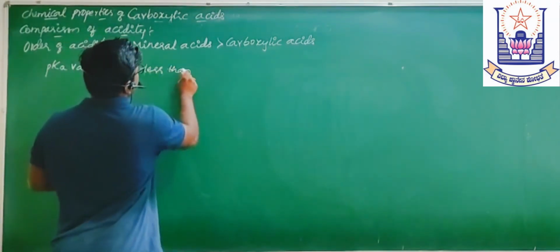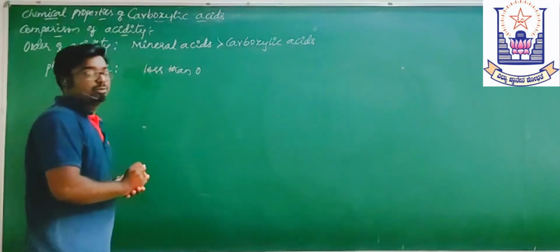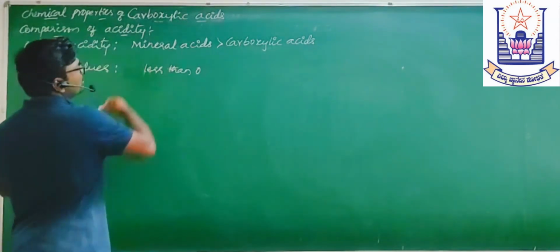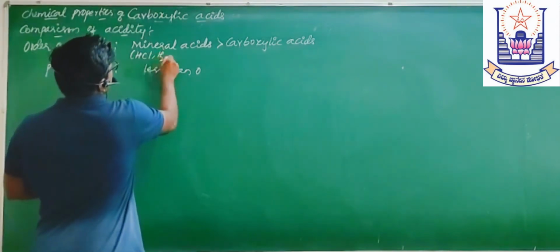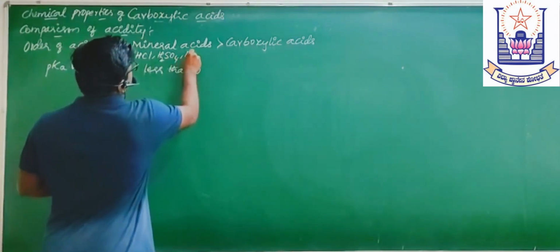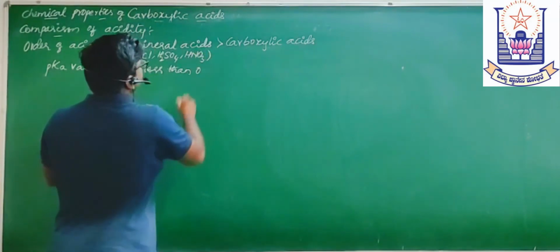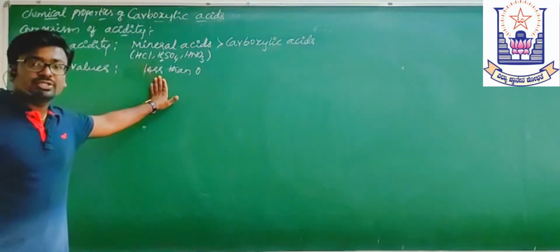What are the examples of mineral acids? For example, you may take HCl, H2SO4, HNO3, whose pKa value will be less than 0.